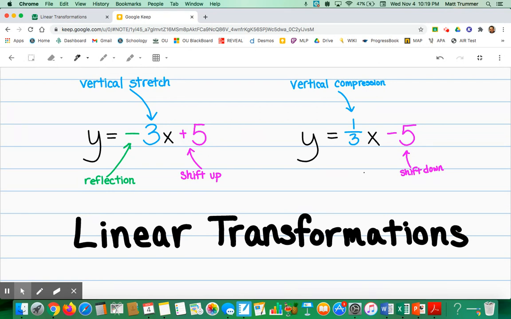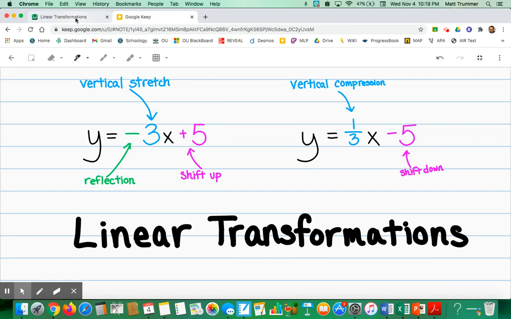And then looking over here, when we have a 1/3 or any kind of fraction that is less than 1 as our slope, we have a vertical compression. And this time when we have this negative 5 as our b or as our y-intercept, well, then we are shifting down.